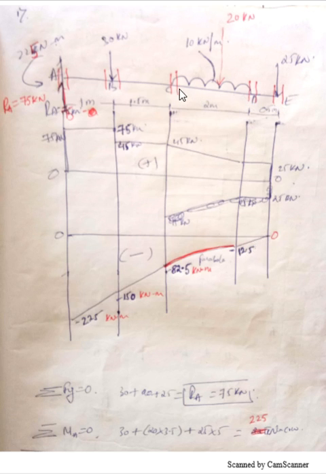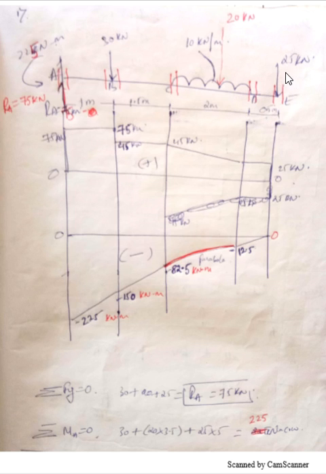After this section, again I will move from this section to here. Here again I need to consider any one section. Suppose I consider this section. When I come from the right side, there is a 25 kN force and there is also a UDL. Because of the 25 kN force with respect to this section, it will bend the beam downwards, so minus 25 into perpendicular distance, which is 0.5 plus 2, that is 2.5.